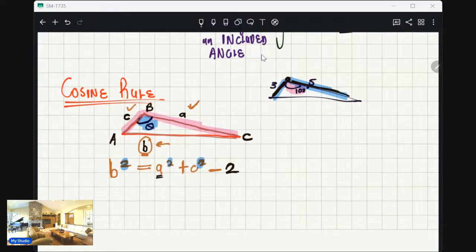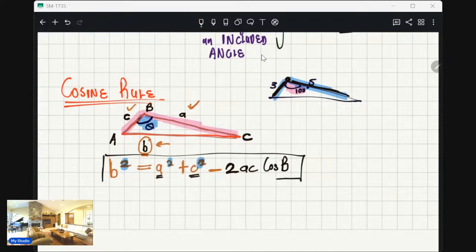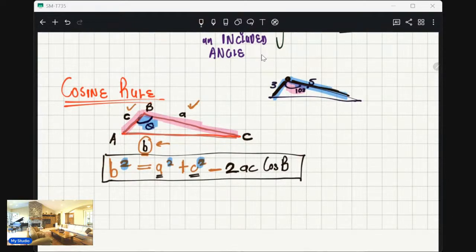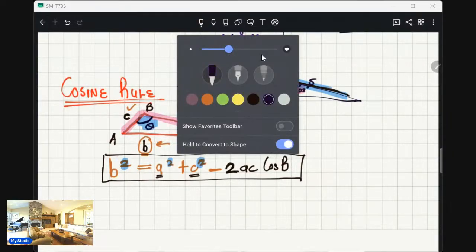Then you bring back this side, A, and this other side, C. Then you write cos big B. So this is where you're going to need to practice. Let's do it again, so that you practice how to write the cosine rule, and we're going to solve questions by writing it. What do we want? We want B. All right. Give me a second.